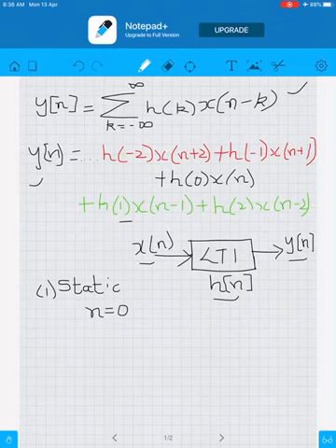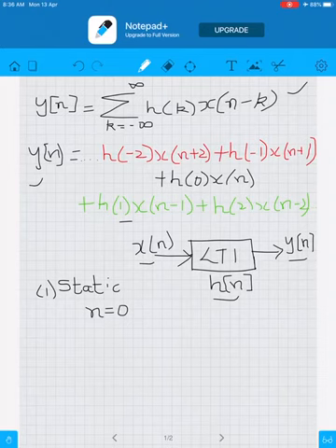So from this I can infer that these terms, h of minus 2 into x of n plus 2, h of minus 1 into x of n plus 1, the ones which are in red, and h of 1 into x of n minus 1, h of 2 into x of n minus 2, should not be there. In other words, the impulse response coefficients, that is h of minus 2, h of minus 1, h of 1 and h of 2, should be equal to 0.